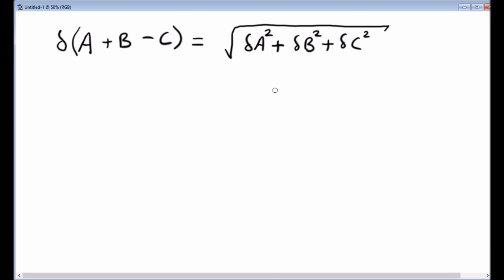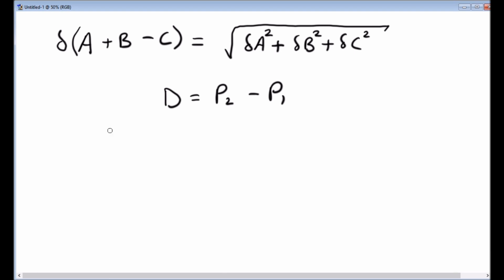An example of where you might use something like this would be if you had a glider on an air track and you knew its final position and its initial position, and you wanted to know the total distance that it had traveled. So distance d would be position 2 minus position 1. Position 2 and position 1 would be measured values. They would have uncertainties.